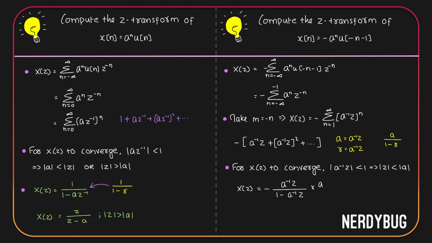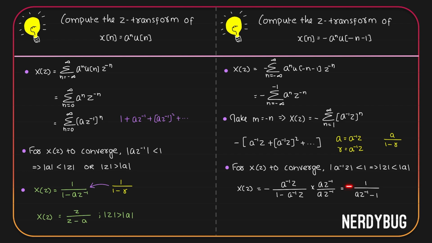Let us multiply it with a z inverse and divide it with a z inverse. Then the numerator becomes negative of a inverse z multiplied by a z inverse is 1, divided by 1 multiplied by a z inverse is a z inverse, minus a inverse z multiplied by a z inverse is minus 1.